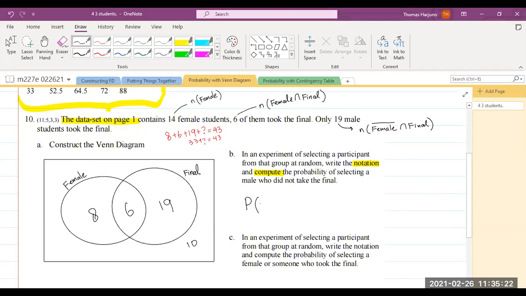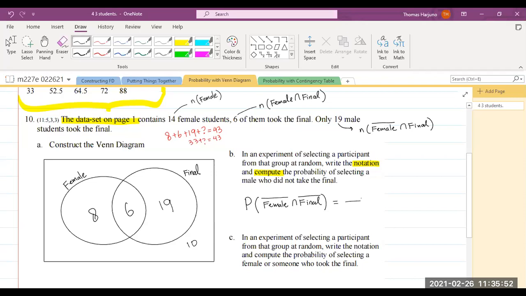Using the notation we have in the Venn diagram, male is defined as not female. So the notation will be probability of not female, intersect not taking final. The male who did not take the final.